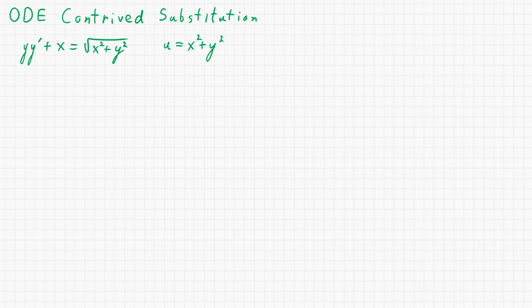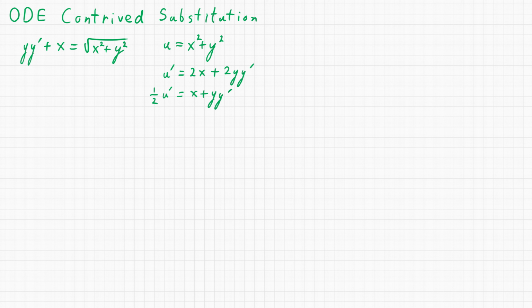If we take the derivative, we end up with u prime equals 2x plus 2y prime. And look at that: here we have x plus y prime, and here we have 2x plus 2y prime. So if we take a half, 1/2 u prime equals x plus y prime, that's going to work out really well. And this is why this problem is contrived.